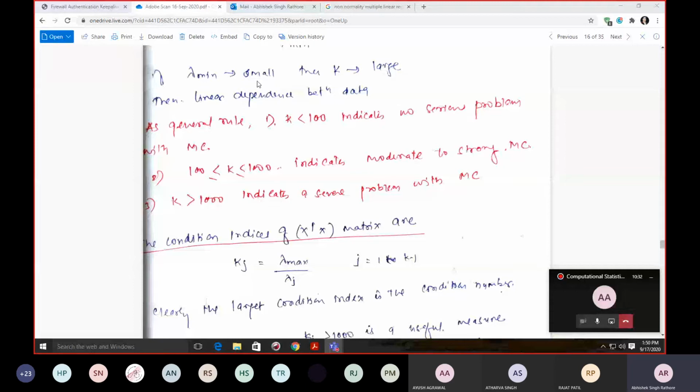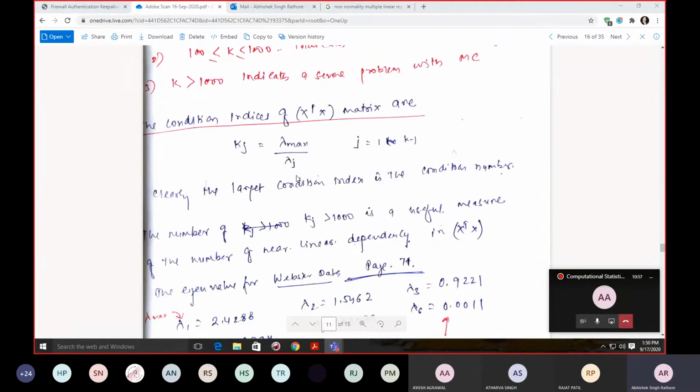If it lies between 100 and 1000, we can say that we have a mild effect of multicollinearity. If k is greater than 1000, then we can say that we are in severe problem with multicollinearity.